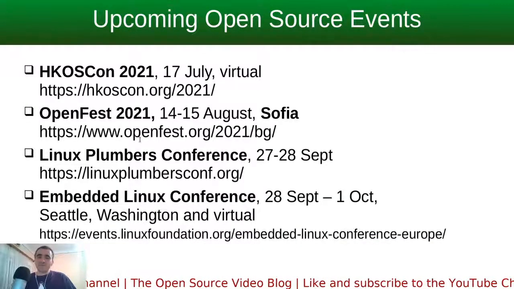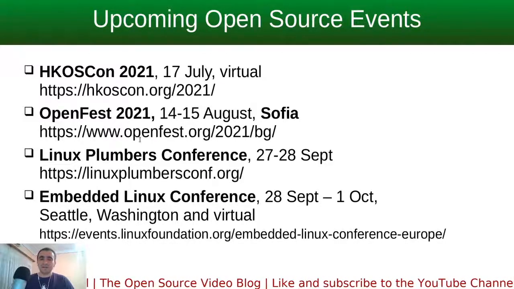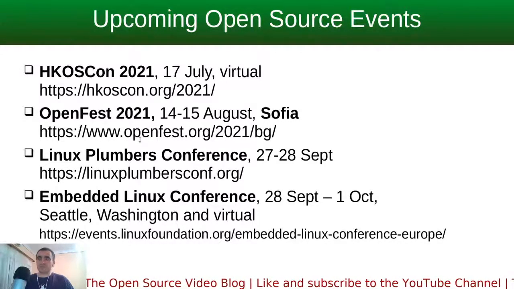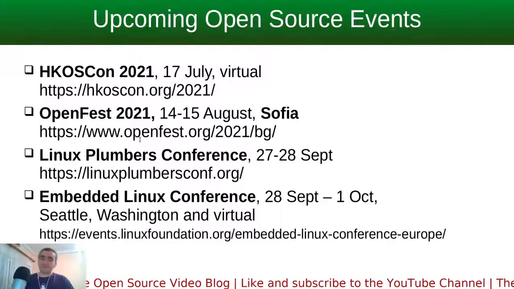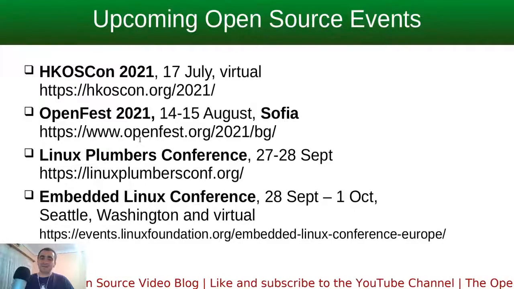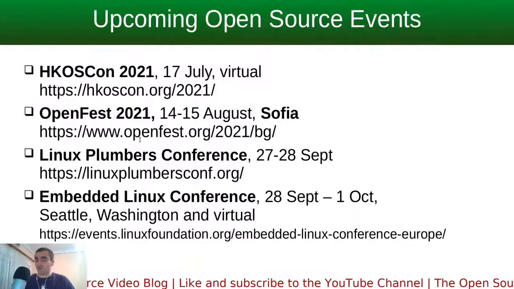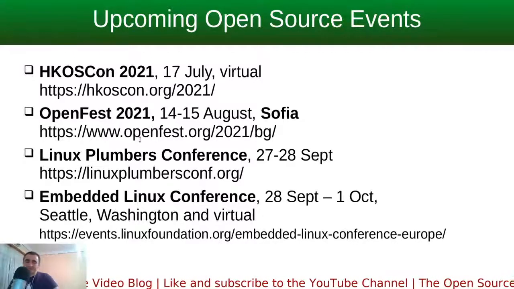Now we're moving to the last section of the open source hardware video blog, and it's about upcoming open source events. I'm really happy to say that we will see some live events, hopefully. So starting with the dates.